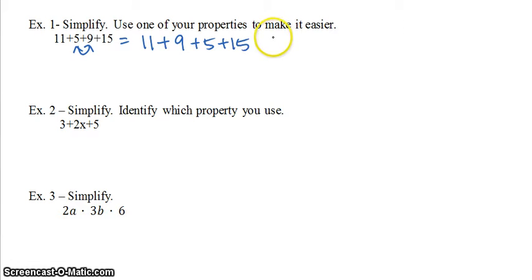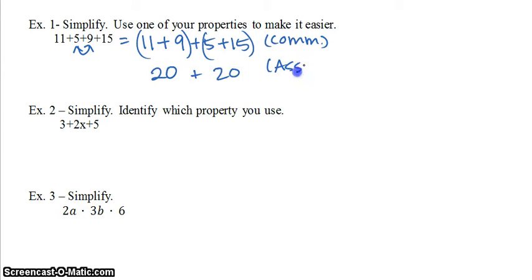I used commutative. Okay, so I could switch those because now, and then if I group them with associative, I know that that's 20, and I know that that's 20, so I used associative, and that gives me 40. Okay, so you do those in your head without even realizing, but you did those.